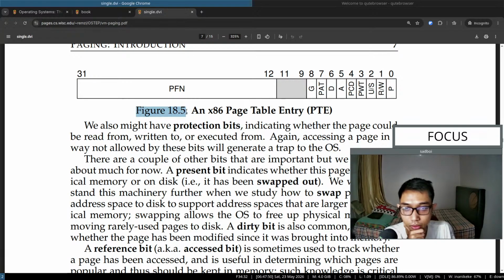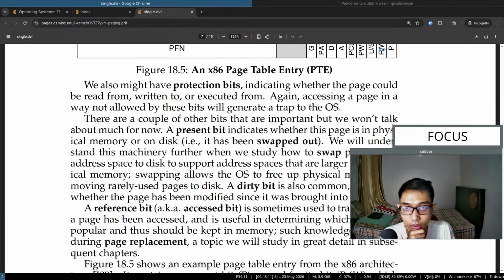Figure 18.5. A x86 page table entry. Page frame number. I'm not sure what this means. Is this read and write? Yeah.